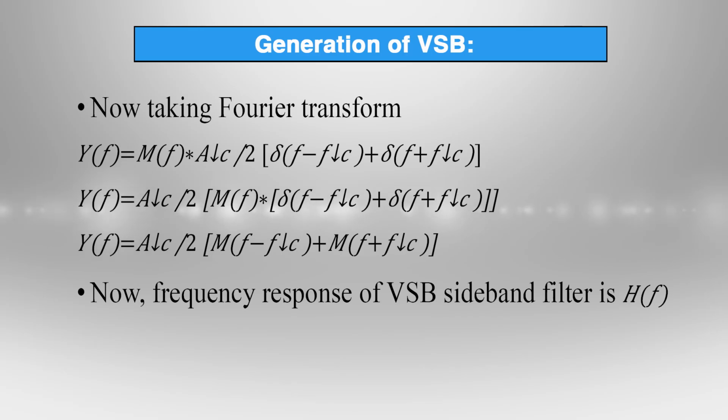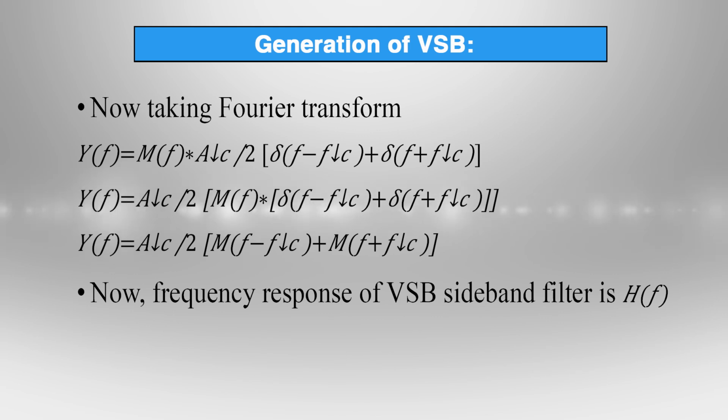Now, taking the Fourier transform of the above equation, this equation becomes Y(f) equal to the convolution of M(f) with Ac/2 times [δ(f − fc) + δ(f + fc)].